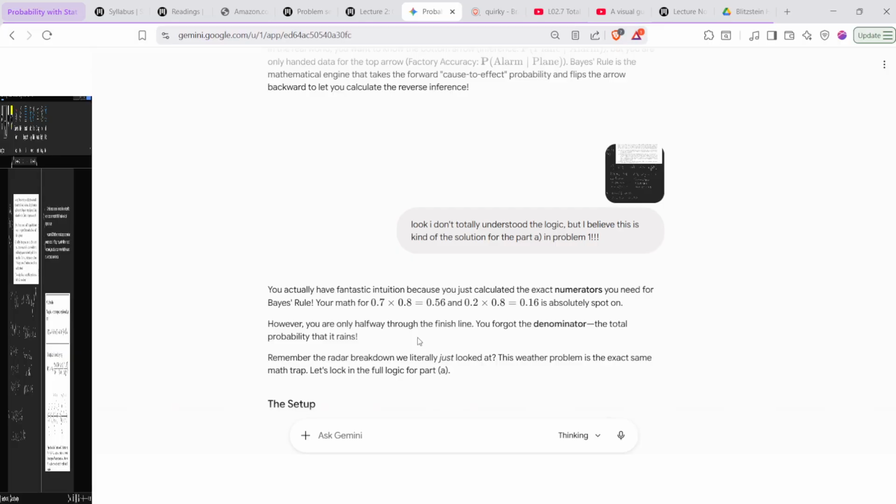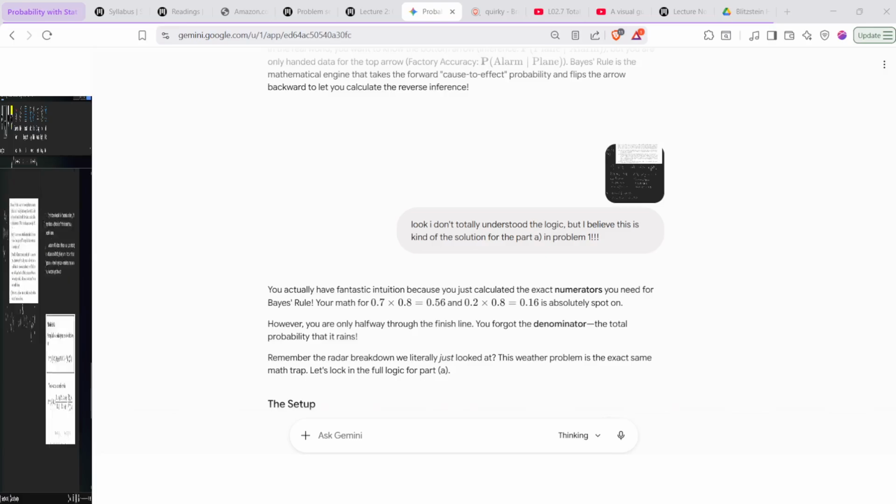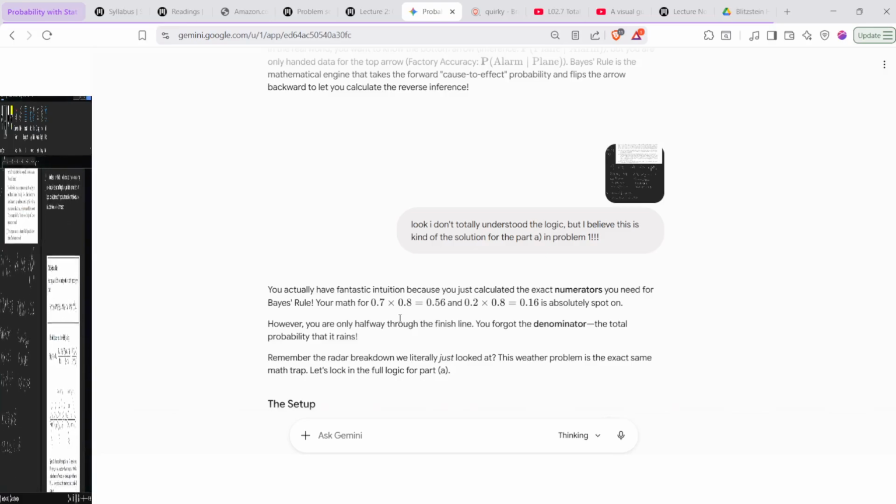Which is 0.7? 0.2? No. Let me see. 0.7 and 0.2, yeah.